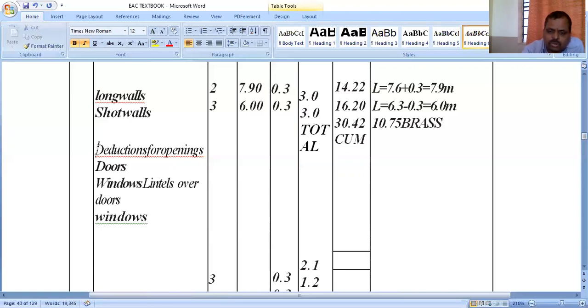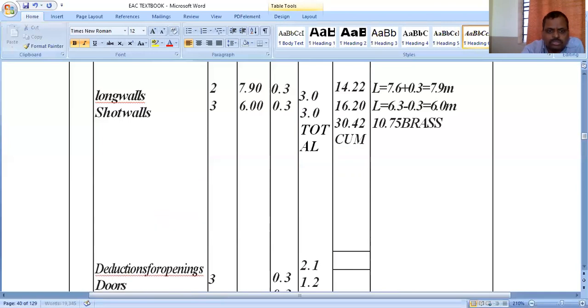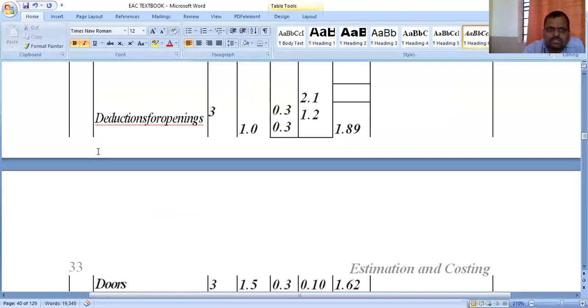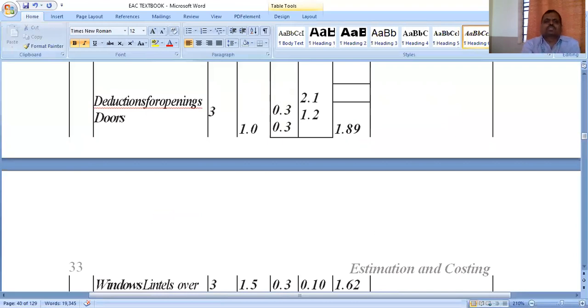So the deduction of doors and windows. First of all, we'll go for the doors. Now one thing, how many doors are there? We have already calculated the number of doors. So the number of doors are 3.